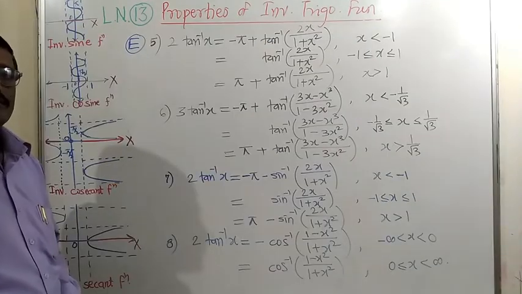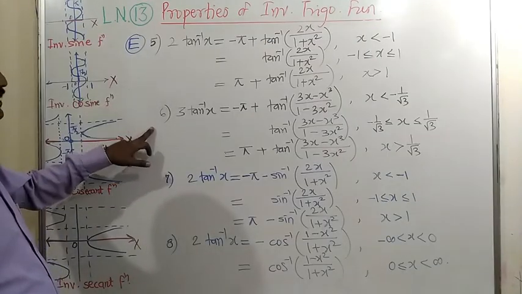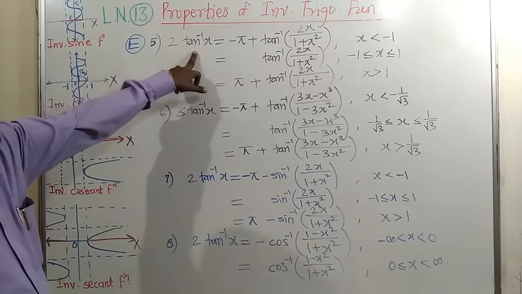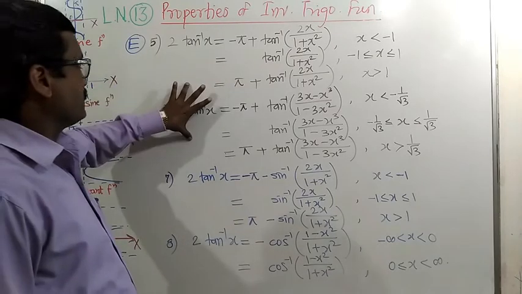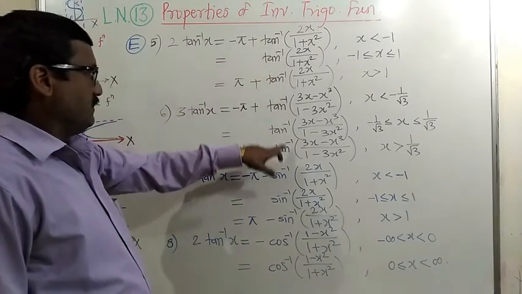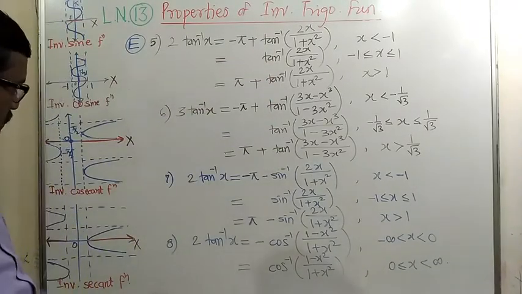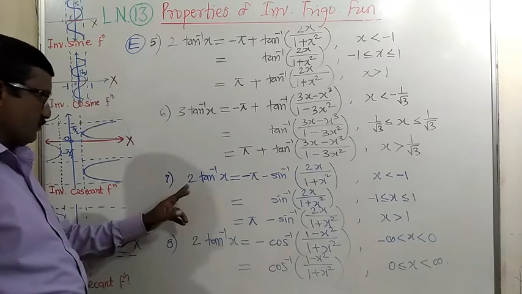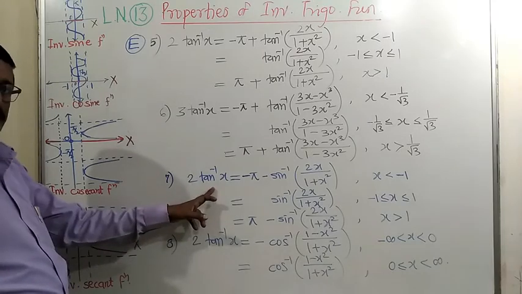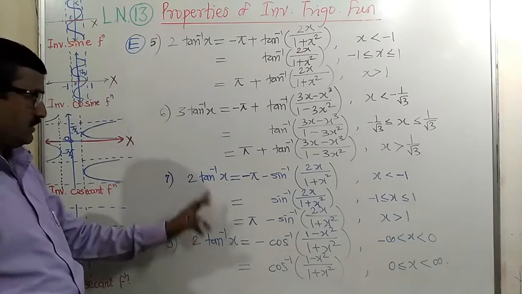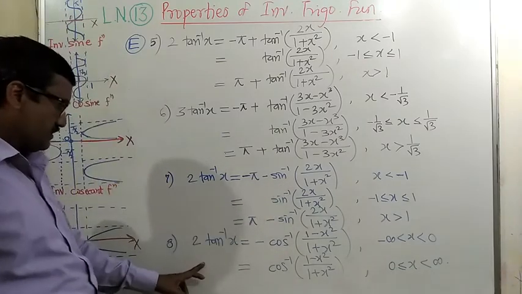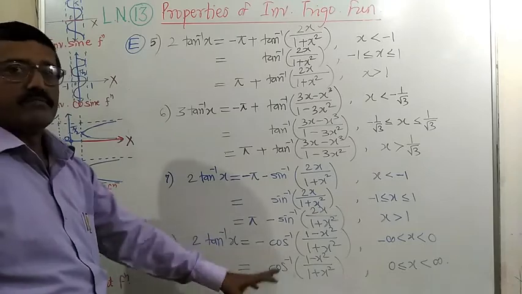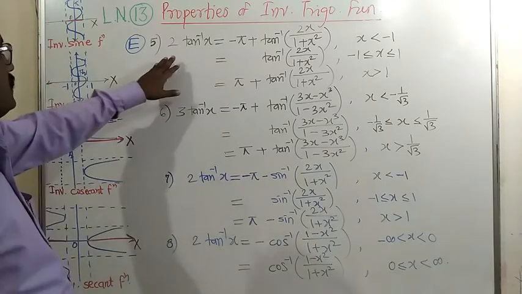Properties number 5 and 6 are about the double and triple inverse tangent function, both in terms of single inverse tangent function. But properties 7 and 8 are about double tan inverse x only, in terms of sin inverse and in terms of cos inverse. Okay, let us see this one.